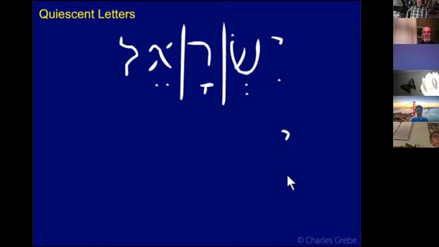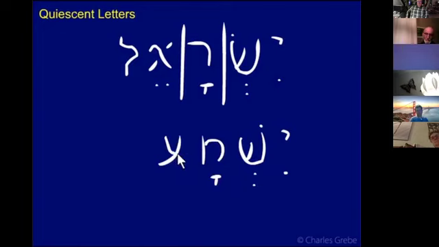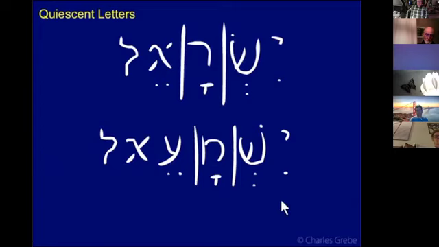Now let's look at another word, Yishma'el, and this has an ayin in it, and then an Aleph, and then a Lamed. So Yish-ma-el, Ishmael. Now, if we look at this last syllable, it looks kind of funny. We have a C, V, C, C. Well, what kind of syllable is that in Hebrew?